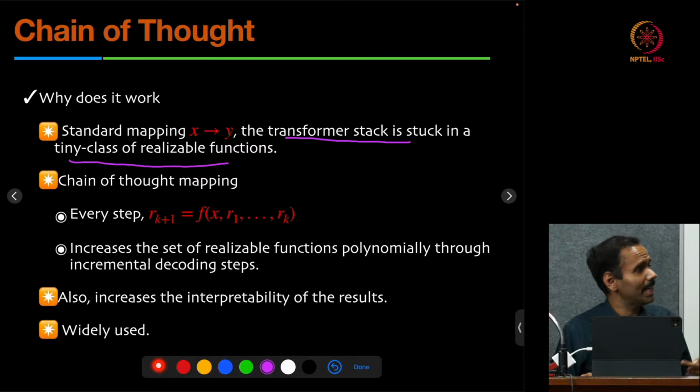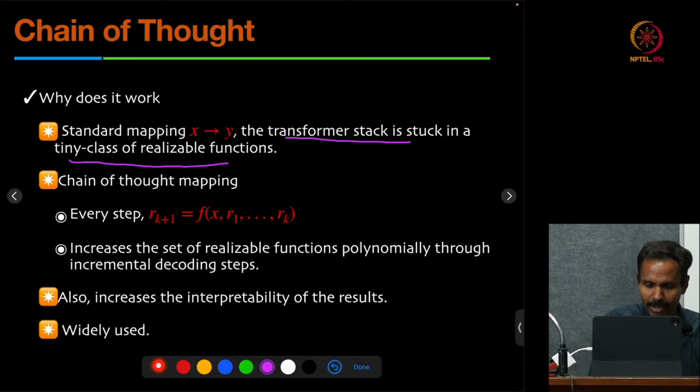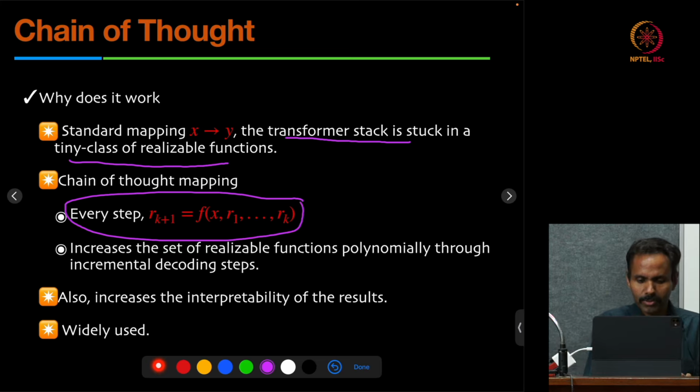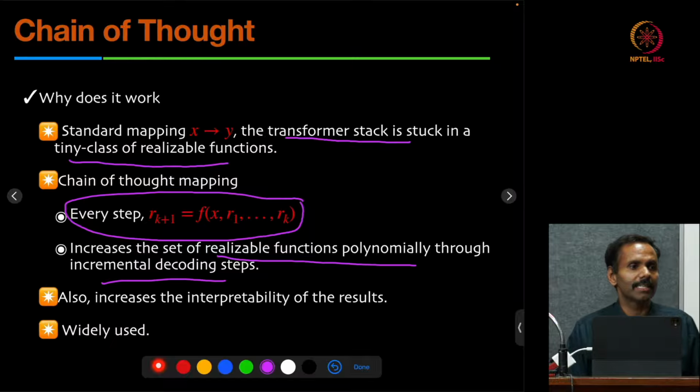But when you allow chain of thought prompting, where you are now saying every step is a generation of a partial response, you now polynomially increase the number of pathways, the number of realizable functions, right? You are allowing more freedom to search for the right response.